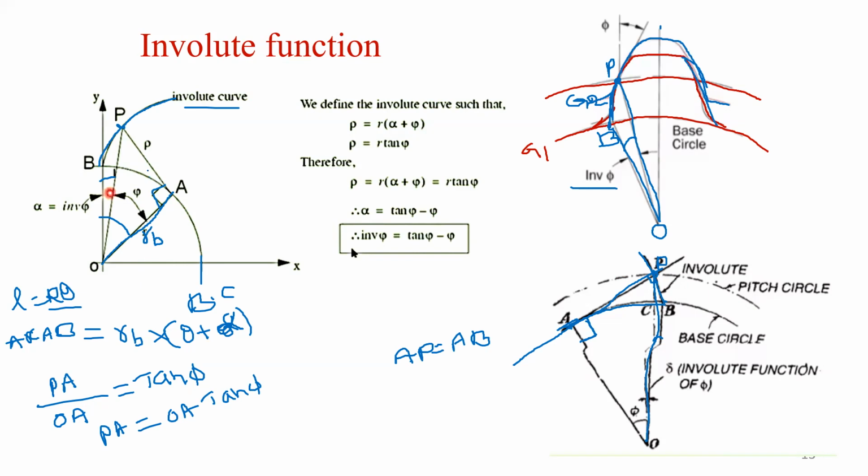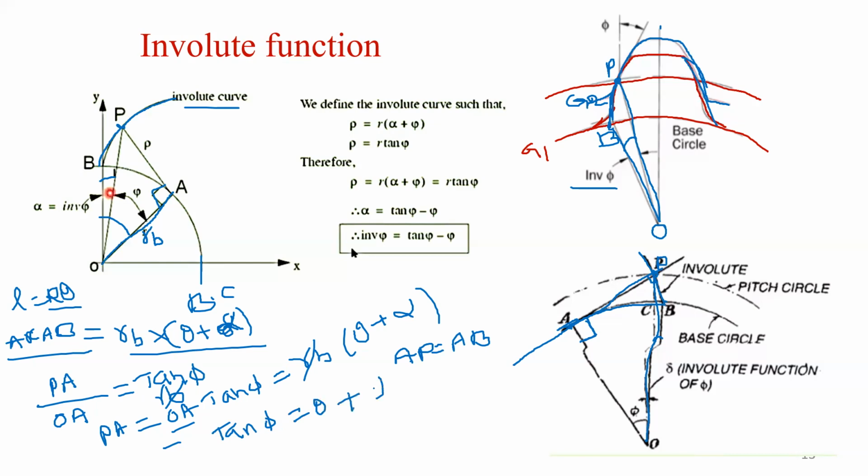But PA is nothing but the arc length AB, that is equal to RB into theta plus alpha. Here, what is OA? OA is again RB. So this RB gets cancelled. We will get tan phi is equal to theta plus alpha.